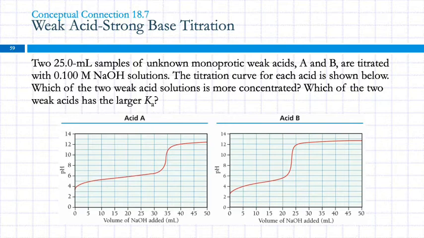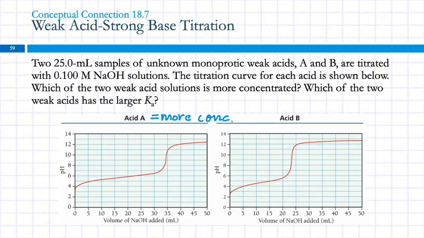A, right? Because here the equivalence point is out here, close to 35 milliliters, and here it was less than 25. So acid A must be the more concentrated. Does anybody have any questions about that?